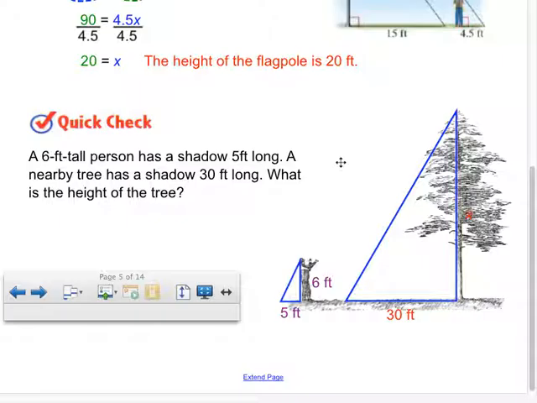And you don't have to make a picture perfect triangle. If you're going to draw it, just sketch it out, just so you can see where the information comes from.